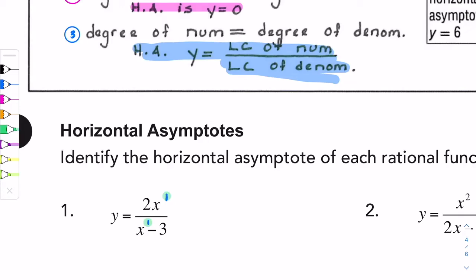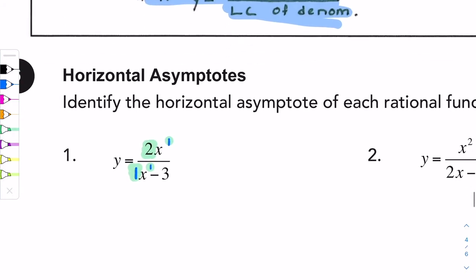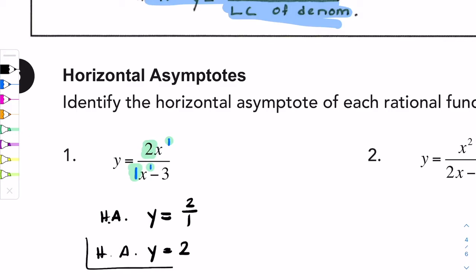So the numerator has a leading coefficient of 2. The denominator would have a leading coefficient of 1, but we just don't write that. I just added it in. So the horizontal asymptote is at y equals 2 over 1, or y equals 2. And again, that's the leading coefficients just set up as a fraction.